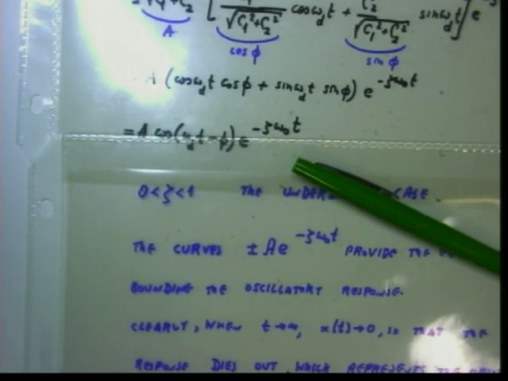Now this is actually a very beautiful result we obtained. Because, look, if zeta was 0, this term is 1, and we get harmonic variation. So please write this. If zeta equals 0 in the limit, then e in power minus zeta omega sub 0 t equals 1. So we get harmonic variation, only cosine.